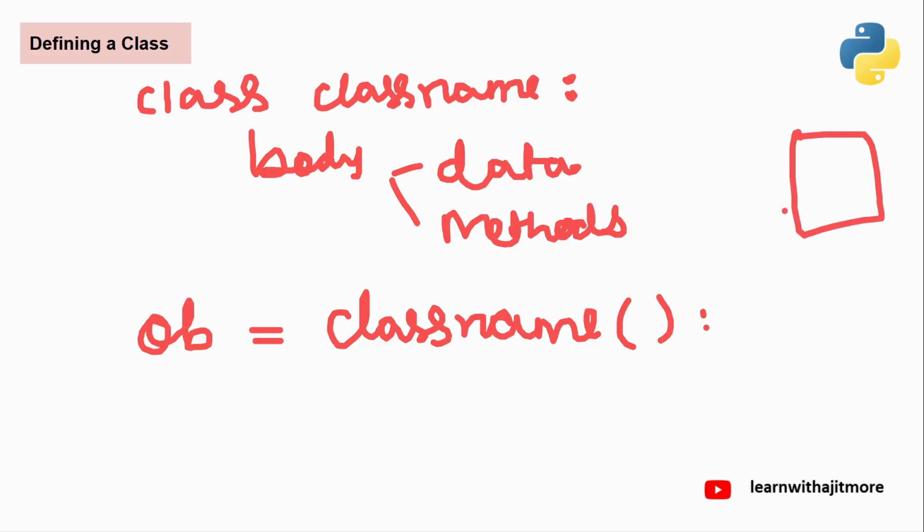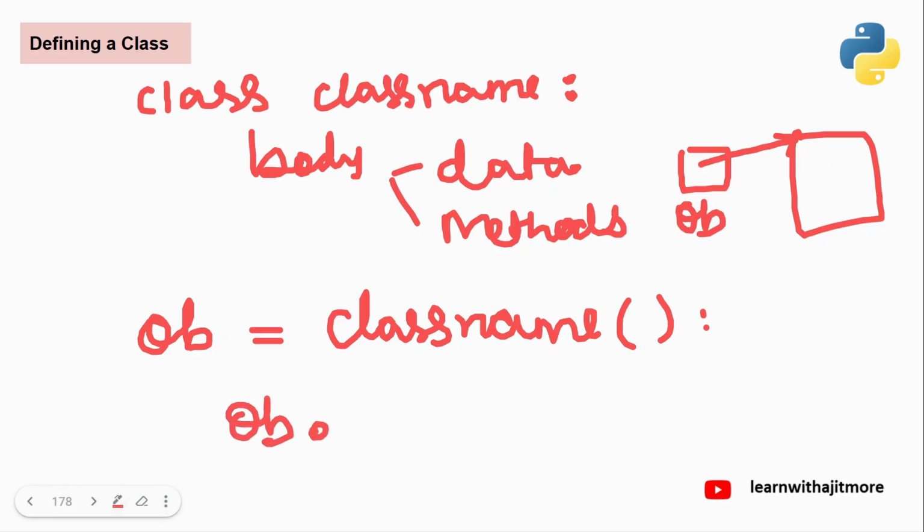One copy of this class is created, and the reference of that copy is stored in this variable, which is your object. So the object variable is holding the reference of that copy. And then once we get the reference, using the dot operator, you can access its members.